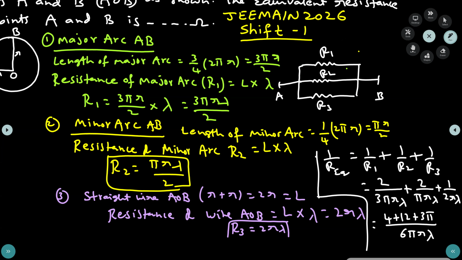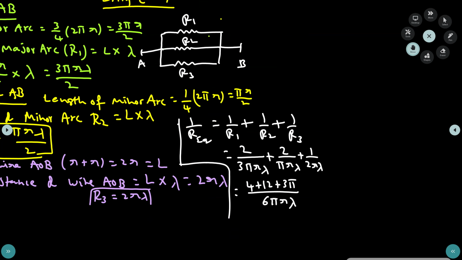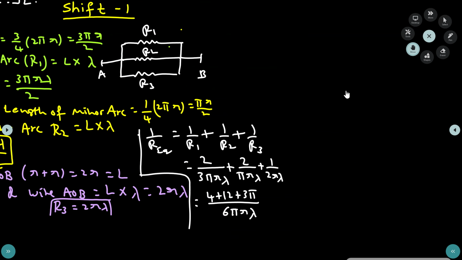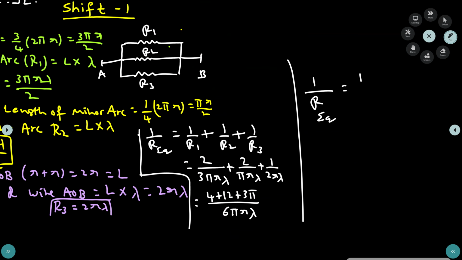So 1 by R equivalent is equal to 16 plus 3 pi by 6 pi r lambda.